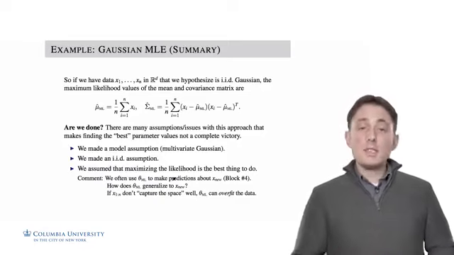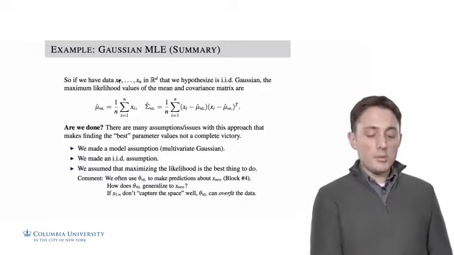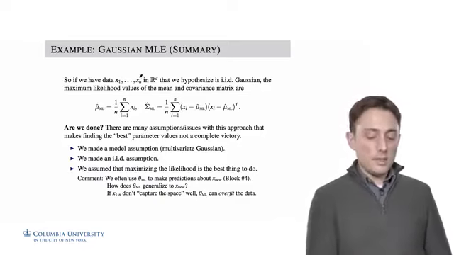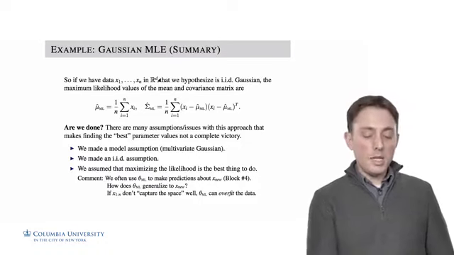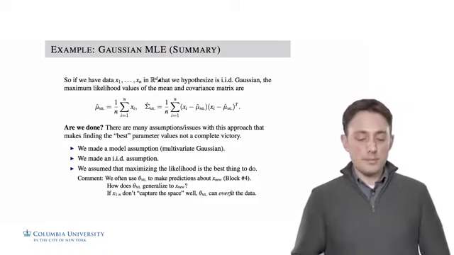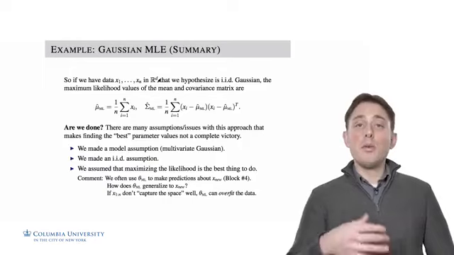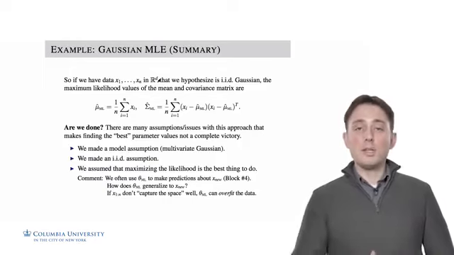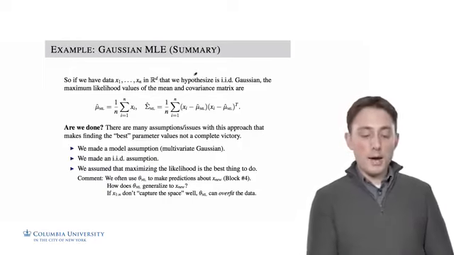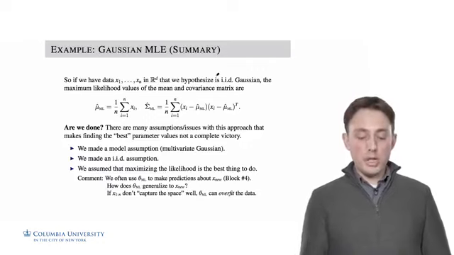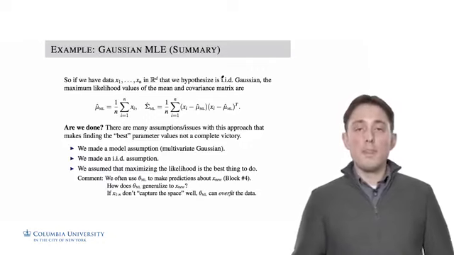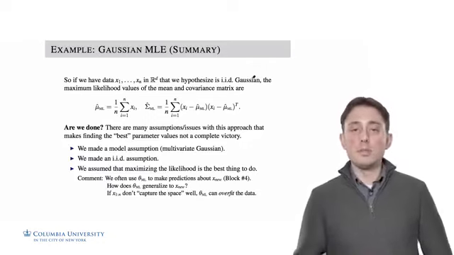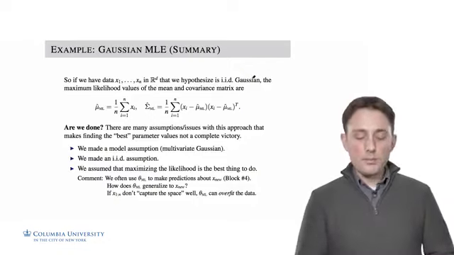So to again summarize, if we have n observations, so this is the data, block 1. Each of those is in R^D. And we then want to transition to block 2. We want to define a model for it. So we hypothesize that the data was generated i.i.d. from a multivariate Gaussian. So we've defined the model.